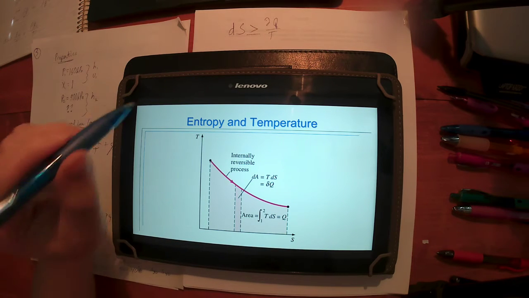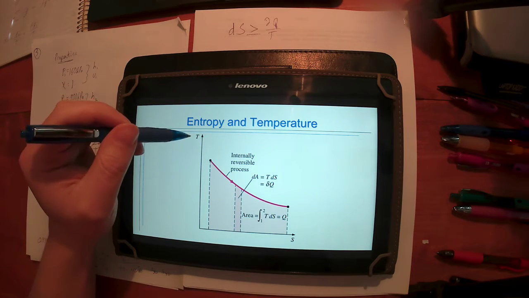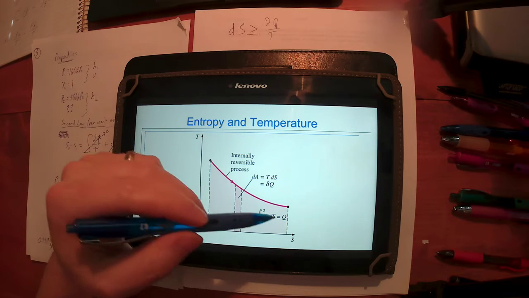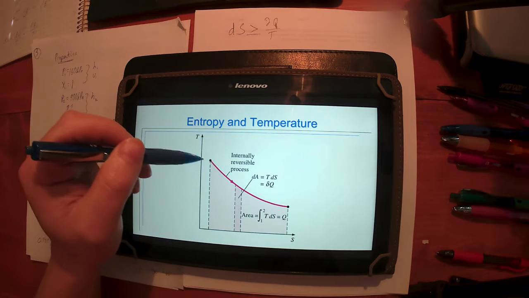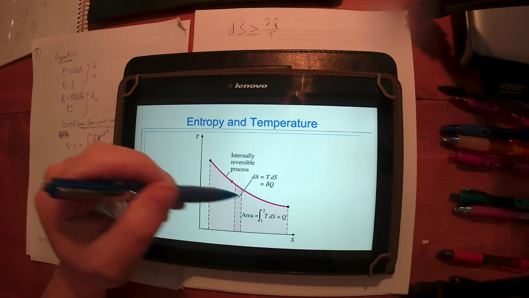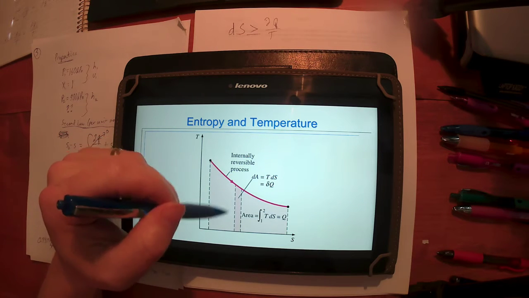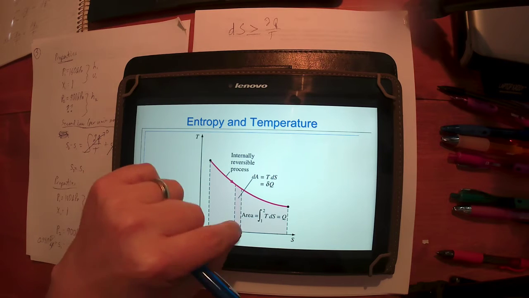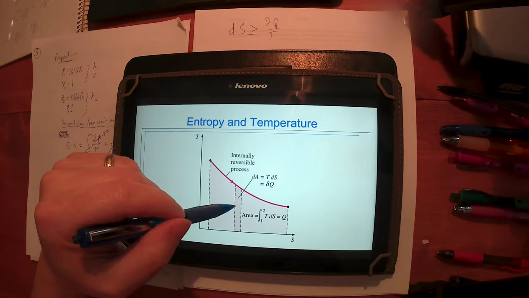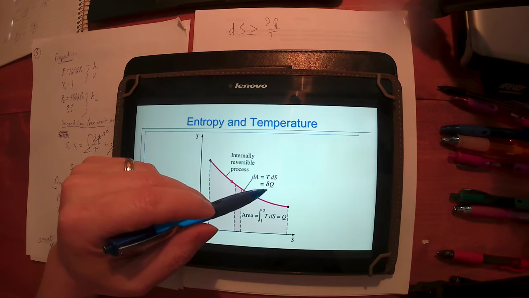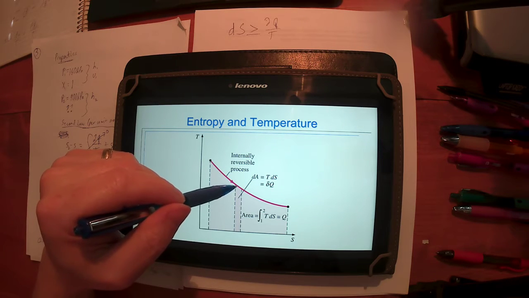But what it does tell us is that if I look at a graph of temperature with respect to entropy, and I plot a process path along here, well, if I did a Riemann sum, I could carve out a little area here, and every little area of this graph represents a little amount of heat transfer that occurs to get from this point to this point.